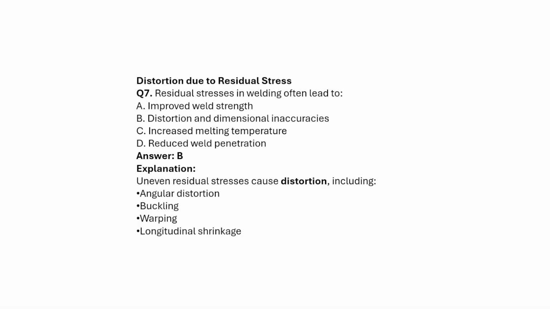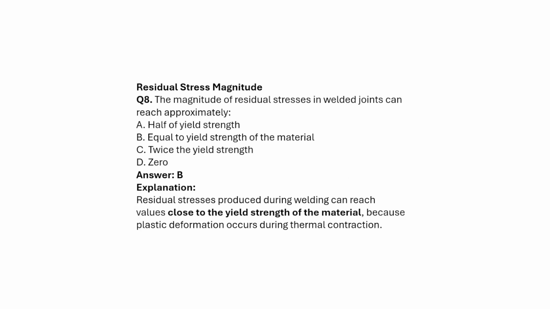Residual stresses in welding often lead to: improved weld strength, distortion and dimensional inaccuracy, increasing the melting temperature, reducing the weld penetration. The answer will be B. Uneven residual stresses cause distortion, including angular distortion, buckling, warping, and longitudinal shrinking.